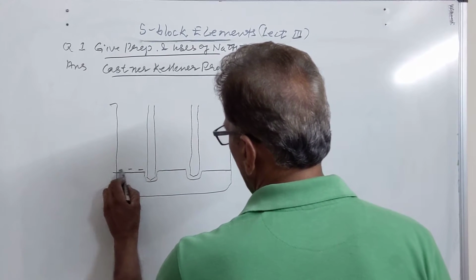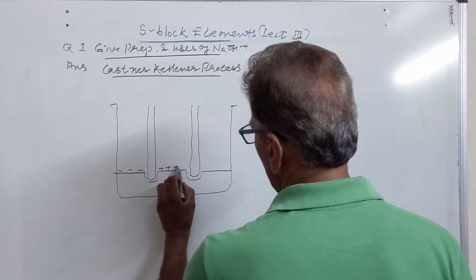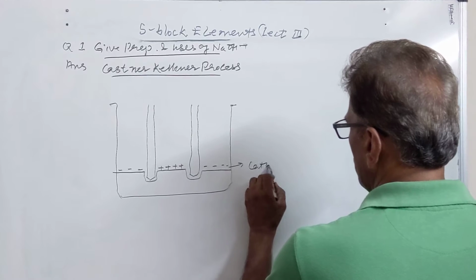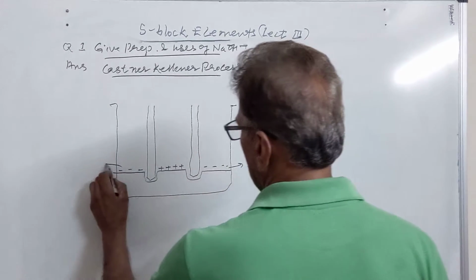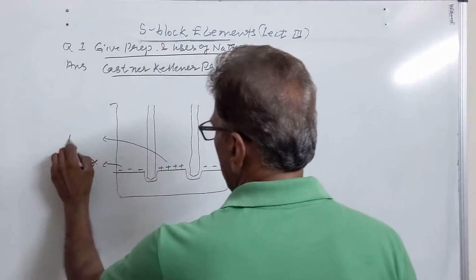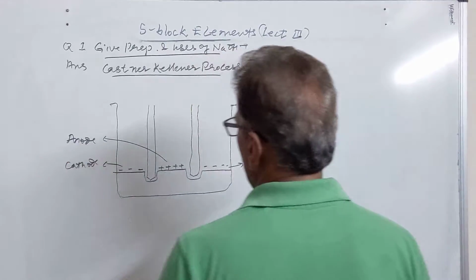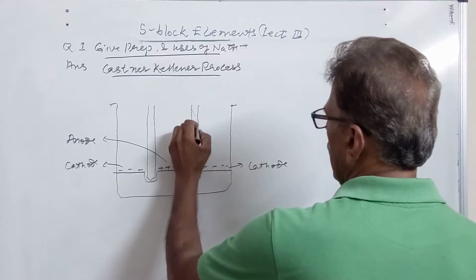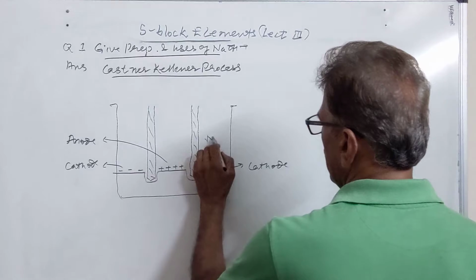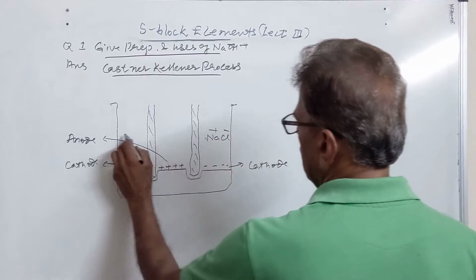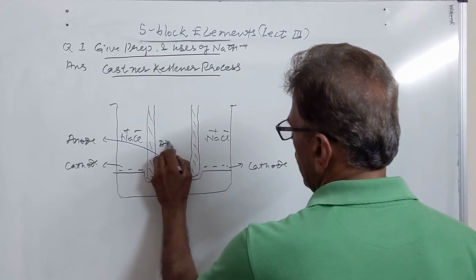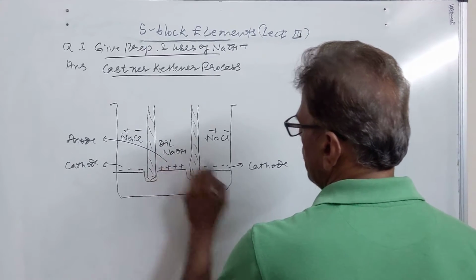At the bottom we have a mercury layer in the outer compartments, which acts as cathode in the outer compartment, and this mercury layer acts as anode in the central compartment. We have dilute solution of NaCl in both outer compartments, and dilute NaOH solution in the central compartment.